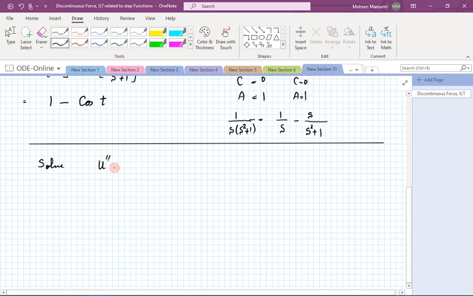So u double prime plus u, so this is a system with no damping, and here is the discontinuous forcing function. On the right hand side, perhaps it's 1 all the way up to time 3 pi seconds, say, and after 3 pi seconds right hand side is 0.